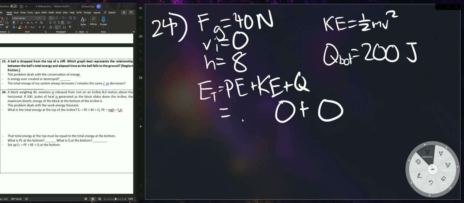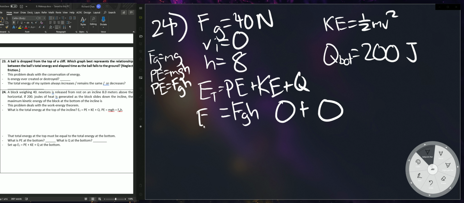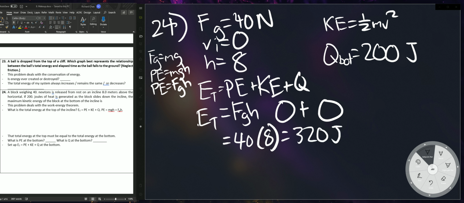And so you know your potential energy is mgh or Fg times h, because Fg is mg. If PE is mgh, then you're going to substitute Fg into it, right? And so your total energy here is 40 times 8, and you get 320 joules. So that's your total energy at the top.